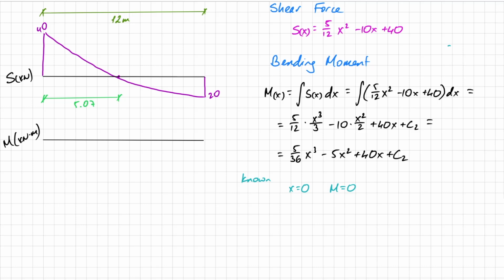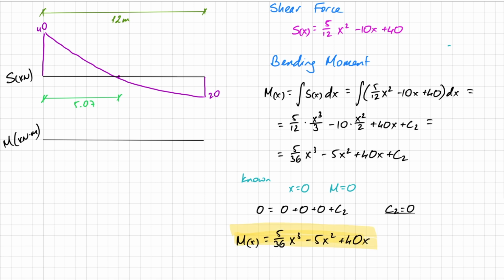And therefore, if I substitute that, the first term is 0, second term is 0, third term is 0, and I'm only left with c2. So it's obvious that c2 equals 0, and I can write my final bending moment equation as 5/36 x cubed minus 5x squared plus 40x.